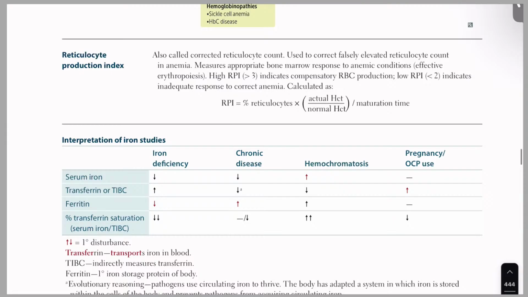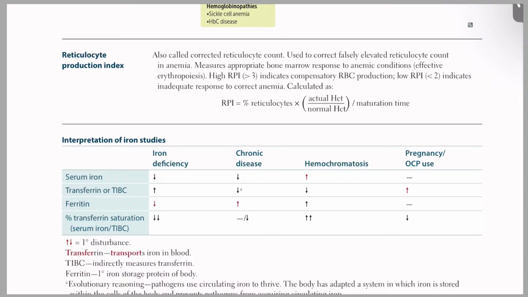Next, reticulocyte production index, also called corrected reticulocyte count, used to correct falsely elevated reticulocyte count in anemias. It measures appropriate bone marrow response to anemic conditions, effective erythropoiesis.